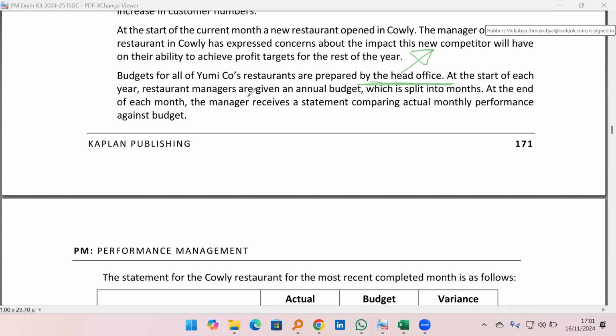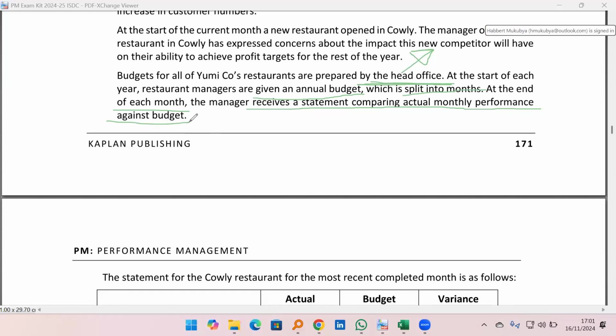So at the start of the year, the managers are given an annual budget, which is split into months. And at the end of each month, the manager receives a statement comparing actual monthly performance against budget. Another thing, remember, we are supposed to discuss problems regarding this. So if you break down the annual budget and split it into months, the question is, are you splitting it equally?